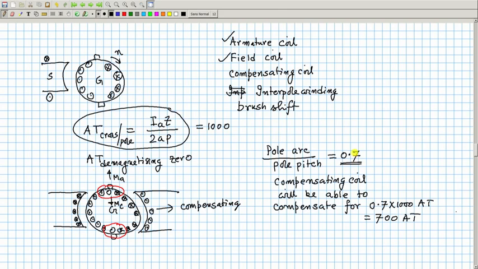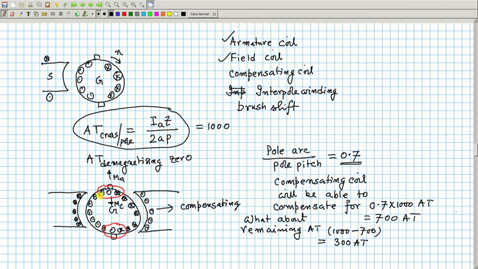Now, what about the remaining 30%, that is, 1000 minus 700, or 30% of 1000, that is 300? What do I do with that?